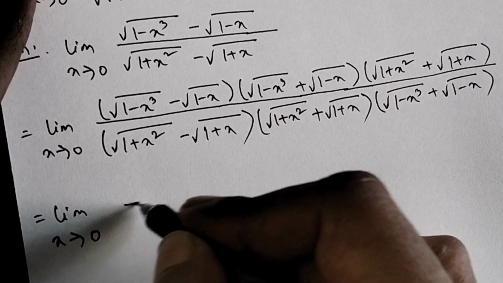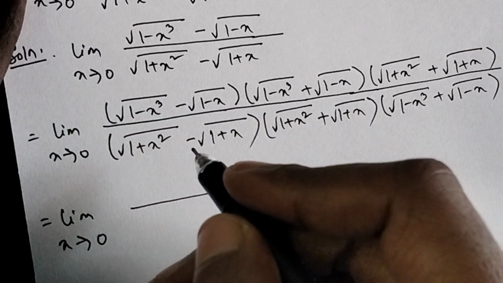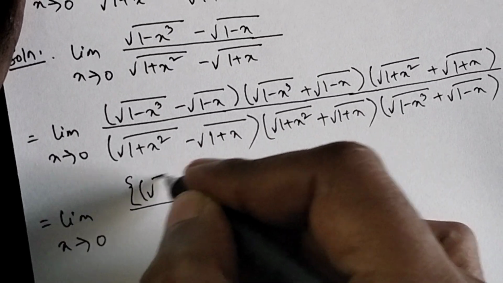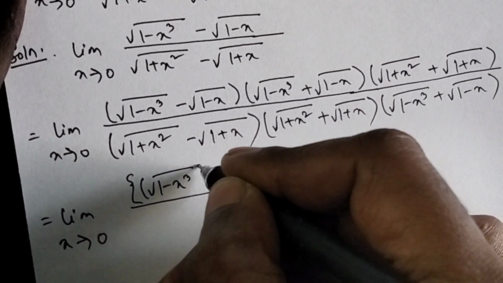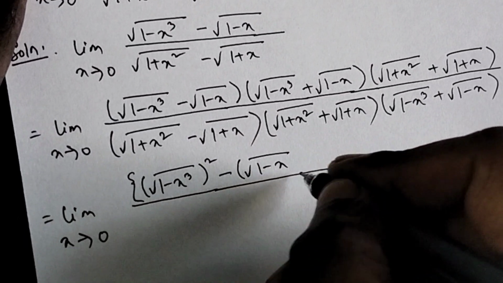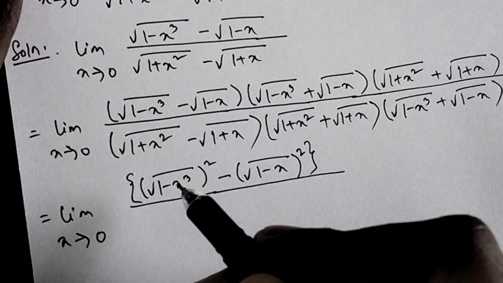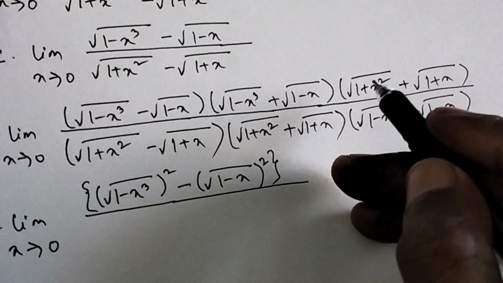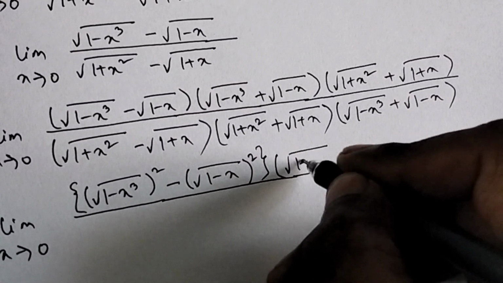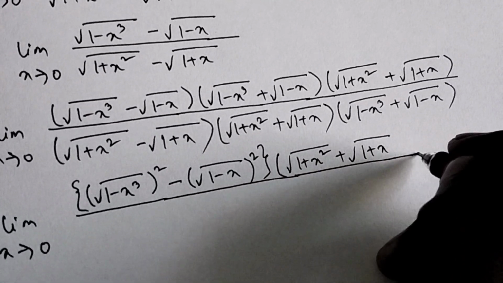So now limit x tends to 0. A minus b into a plus b is a square minus b square. So it will be under root 1 minus x cube whole square minus under root 1 minus x whole square, then with this term under root 1 plus x square plus under root 1 plus x.